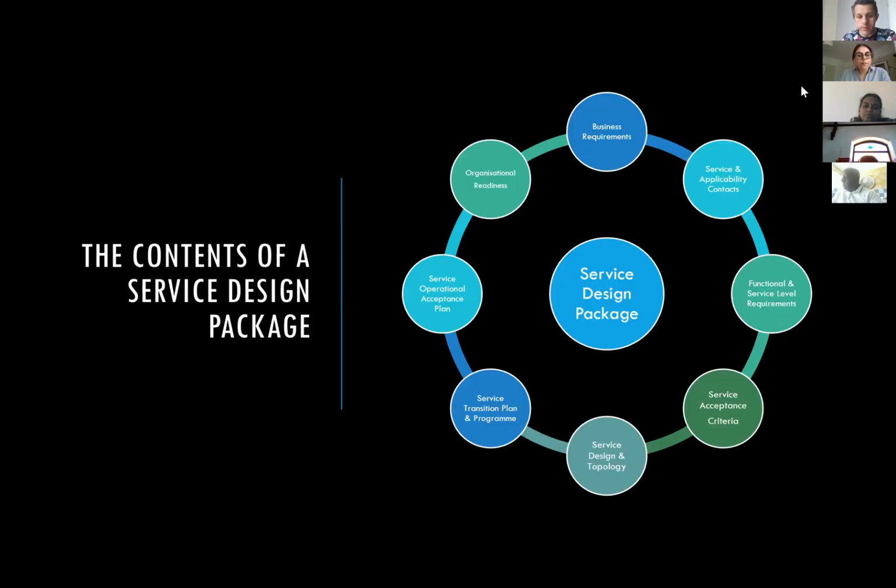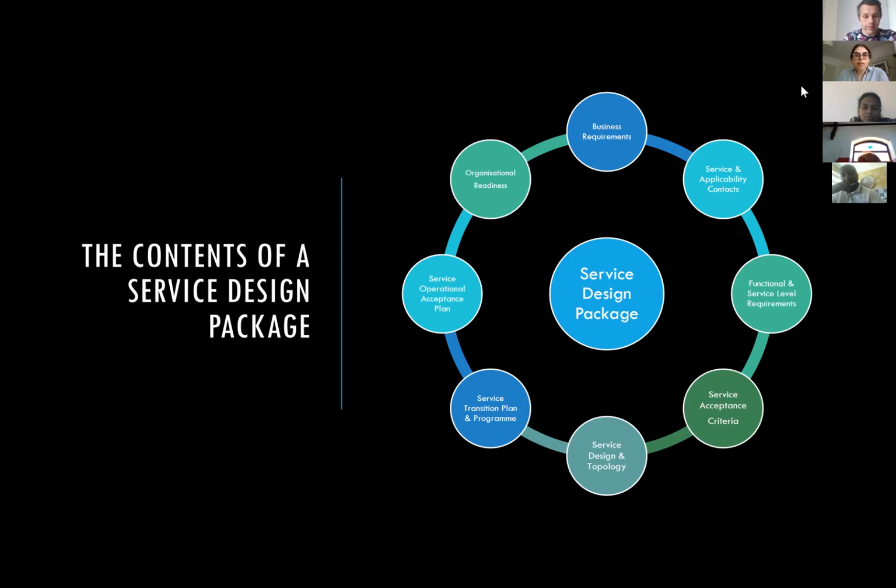Moving on to the actual contents of a service design package. First of all, as any service design package starts or where it materializes is getting the business requirements together. And then moving on around the circle, as you can see on the slide, is getting service applicability and contacts, functional service requirements.